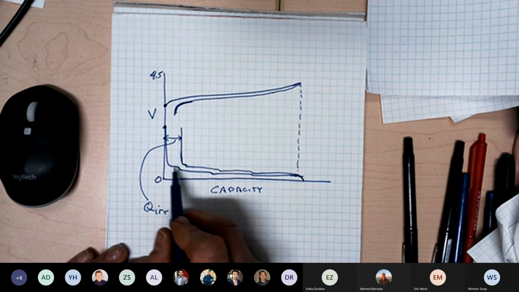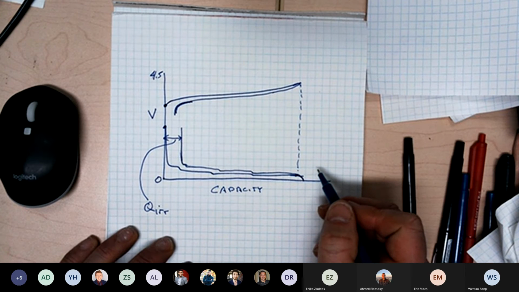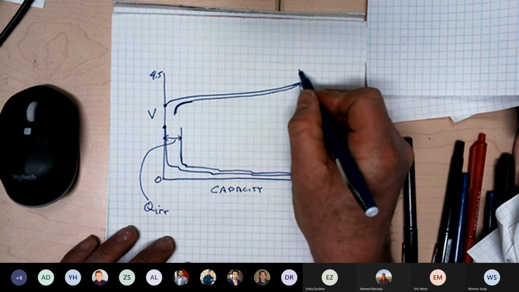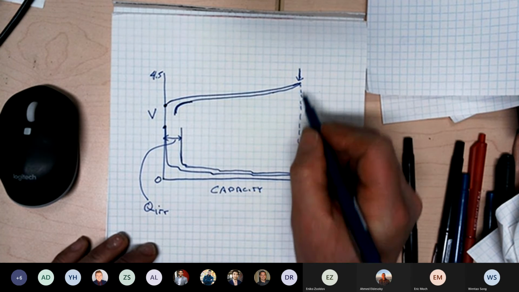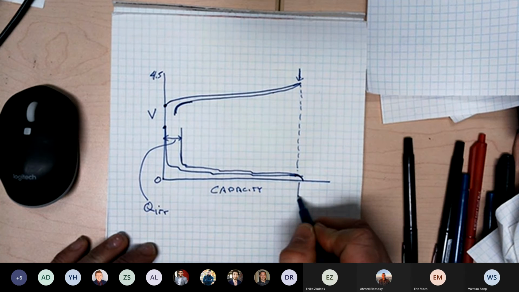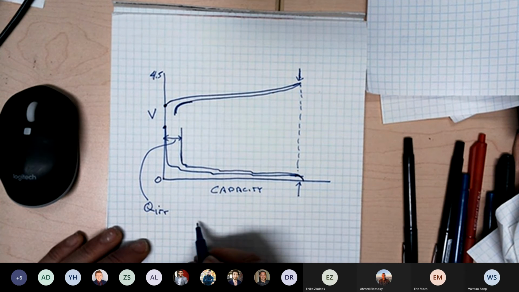So when you're making a cell, a lithium ion cell, you talk about balance. And what you mean is that the capacity at the top of charge of the positive and the capacity when the graphite is full, they should match.